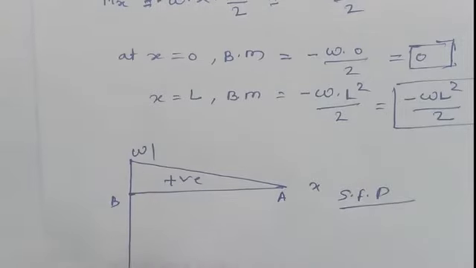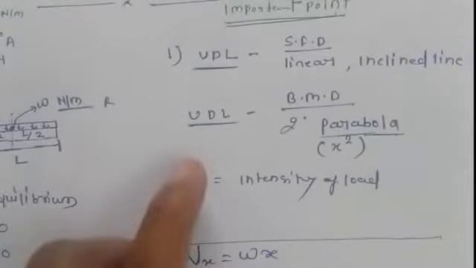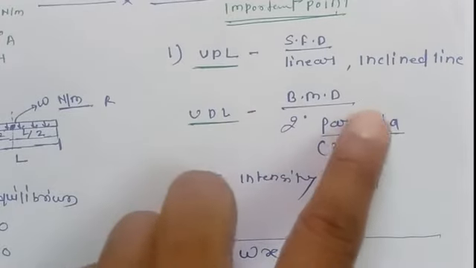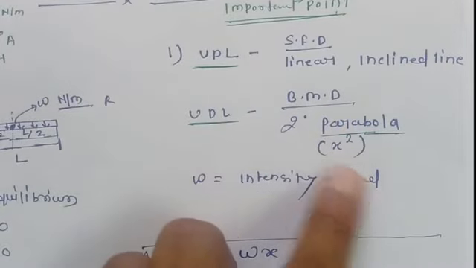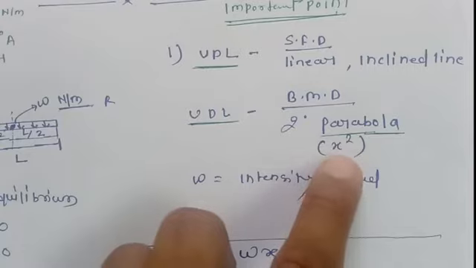Similarly we draw the bending moment diagram, but in the UDL case, as we have discussed, the bending moment diagram will be a parabola, since x square is a parabola.